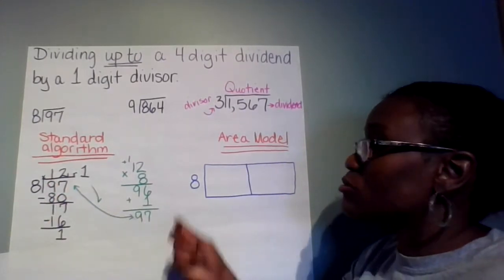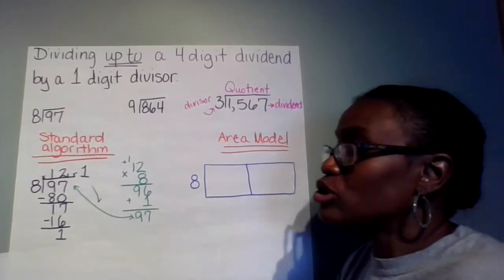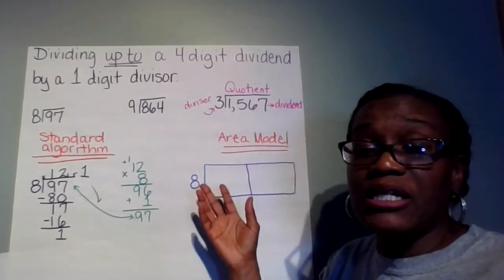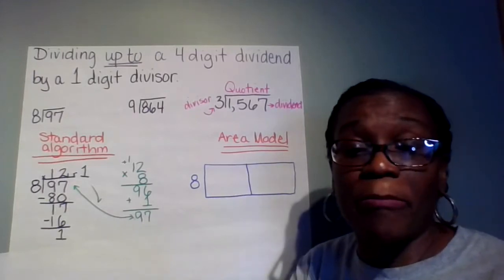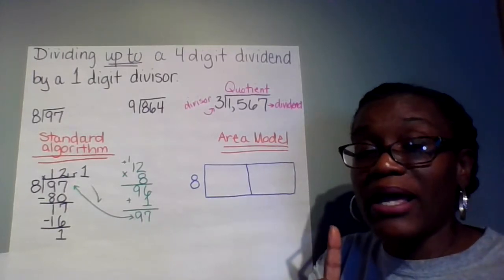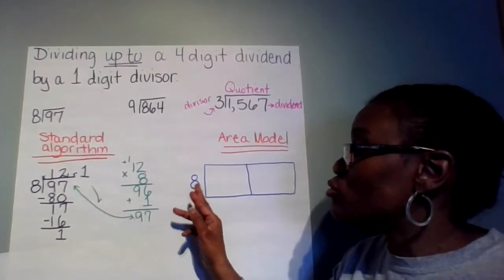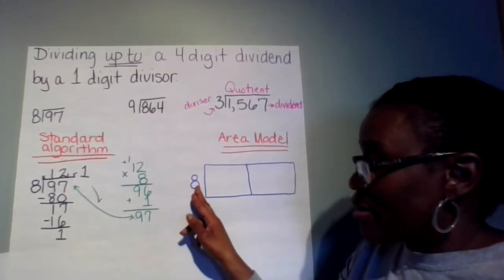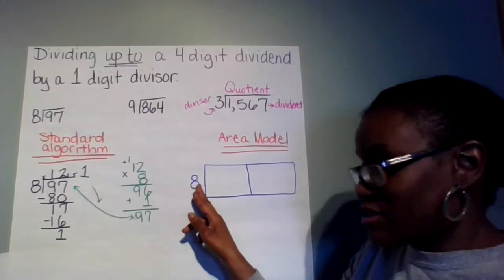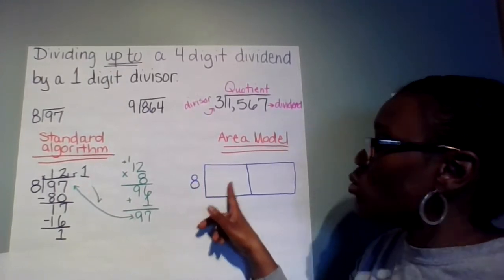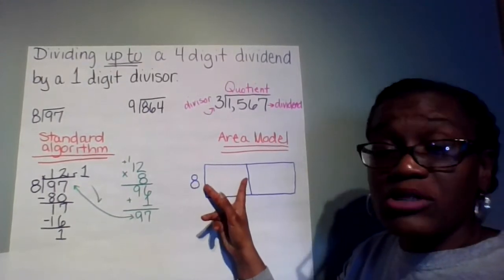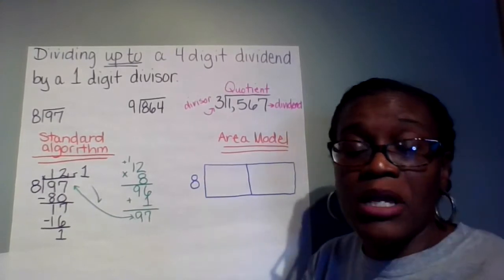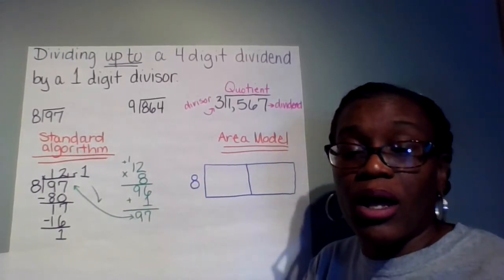So scholars, the first thing we need to do is we need to split it based upon place value, but we are going to split it taking into account that our divisor is 8. So we want our first number in the tens column to be a multiple of 8.